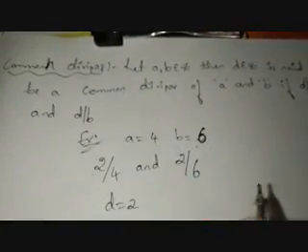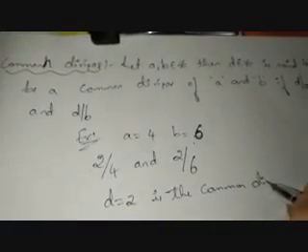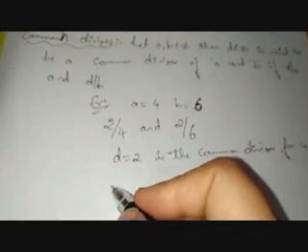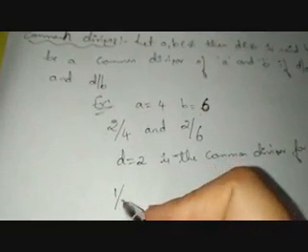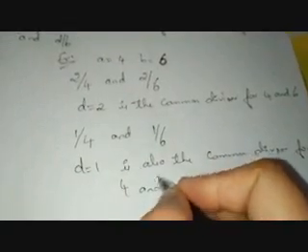So D equal to 2 is a common divisor for 4 and 6. And also 1 can be a common divisor, right? Even 1 divides 4 and 1 divides 6. Yes, D equal to 1 is also a common divisor for 4 and 6.